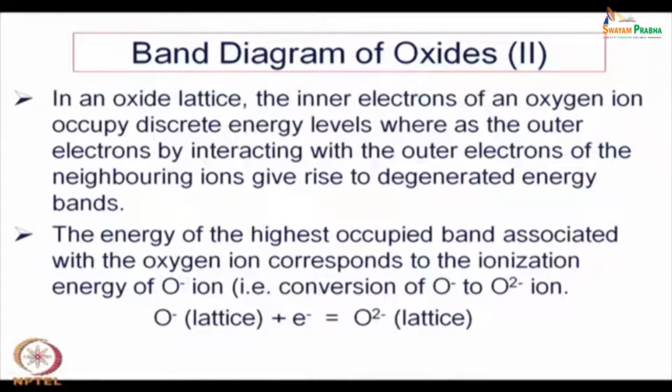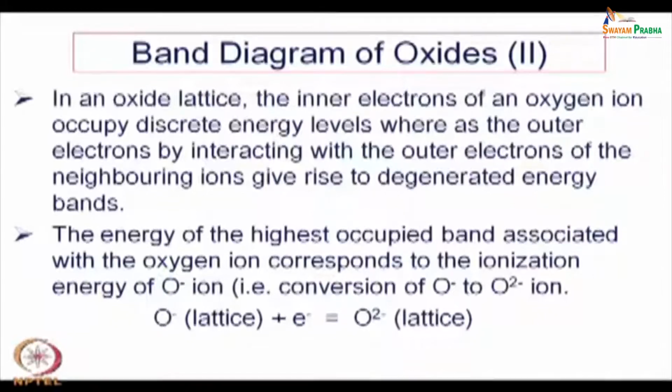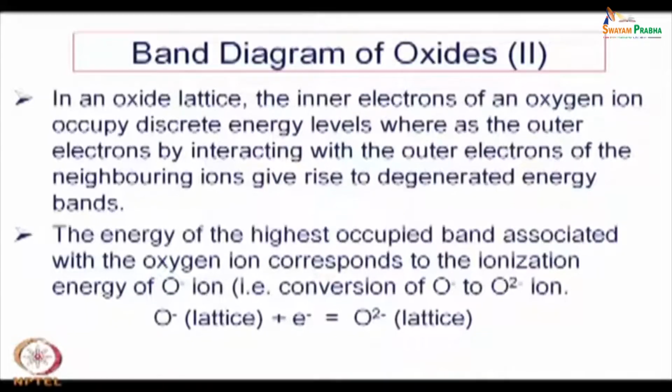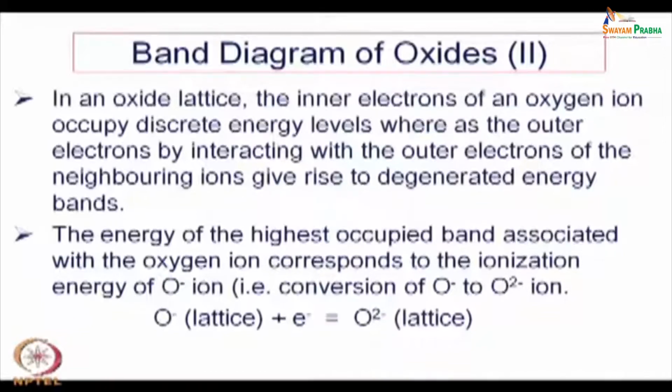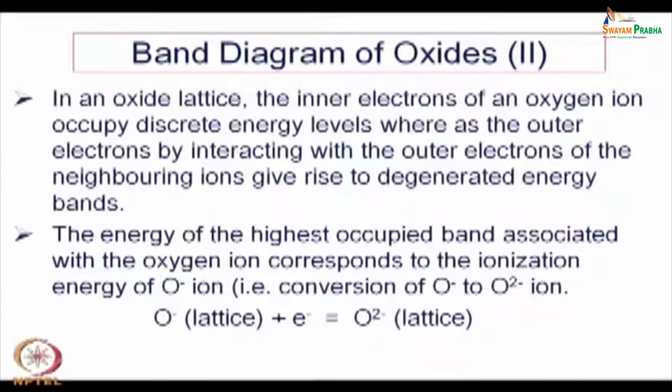In an oxide lattice, the inner electrons of an oxygen ion occupy discrete energy levels, whereas the outer electrons, by interacting with the outer electrons of the neighboring ions, give rise to degenerated energy bands, as we discussed earlier. Degeneration takes place when there is overlapping of the electron clouds of the two atoms or, in this case, ions.